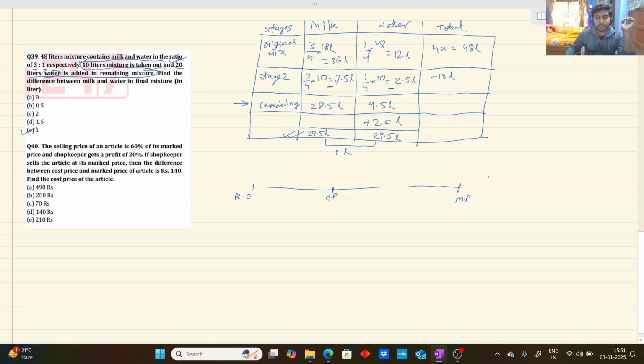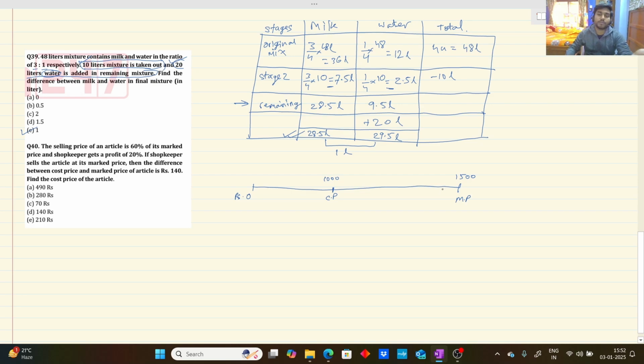That will become his marked price. He bought at rupees 1000 and he thought that he will make a profit of 500. That's why he marked the price as 1500 rupees, with the hope that he'll make a profit of 500 rupees.